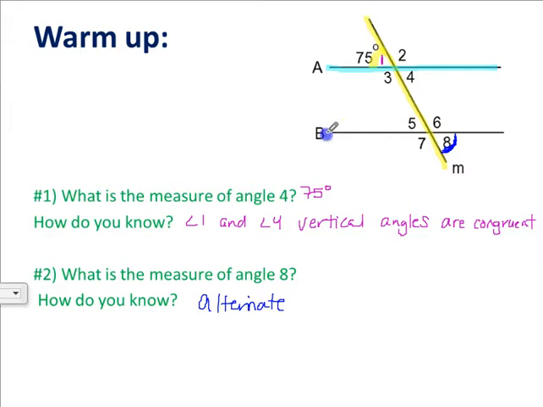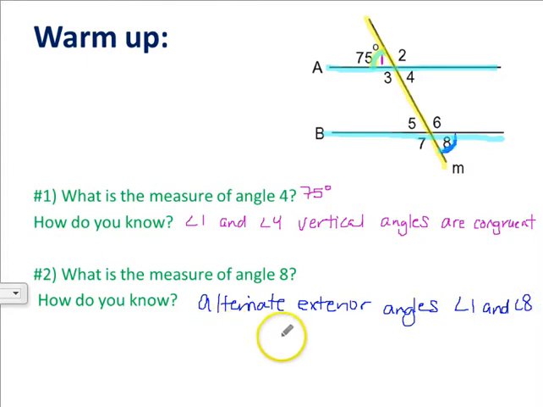So our two parallel lines are right here, and are the pair of angles that we're looking at on the inside or outside? Are they on the interior or exterior? They're on the exterior, so we would call these alternate exterior angles. And we're talking about angles 1 and angle 8.